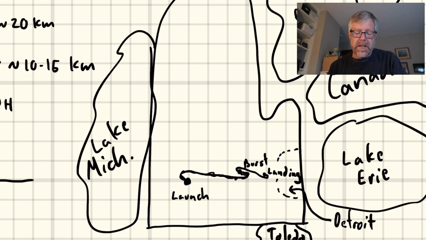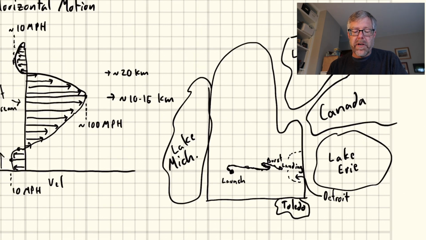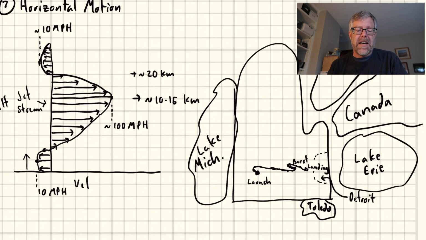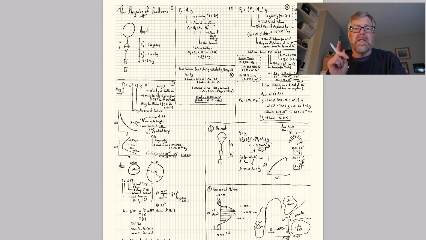It bursts, it goes westward for a little bit, then it gets into the jet stream as it's coming down, and then it gets out of the jet stream and it starts going westward again, and then it lands. Okay, so that's the trajectory that a balloon will take. And we have flight prediction software that will actually go through all of this. But first we're going to go through an Excel spreadsheet on how to actually calculate all of these terms. That's in the next video.